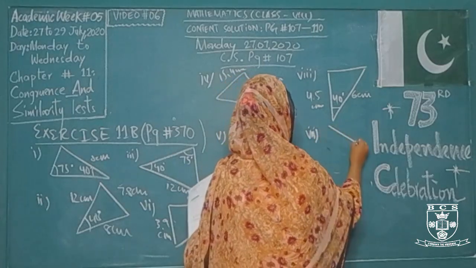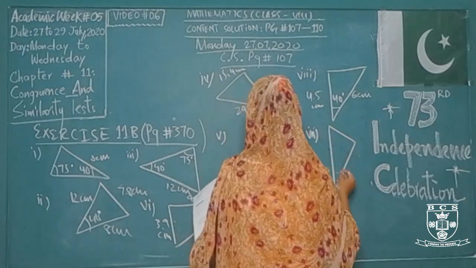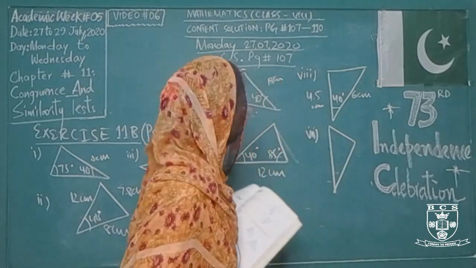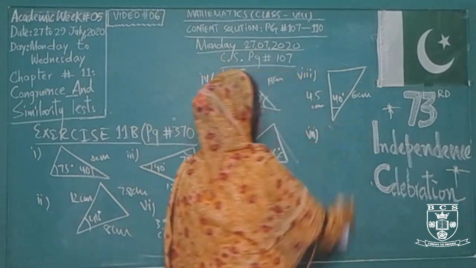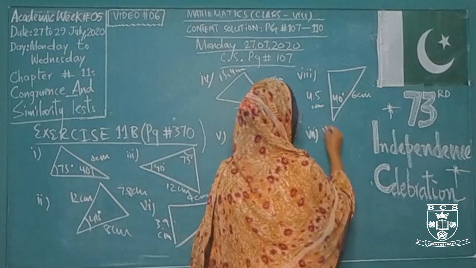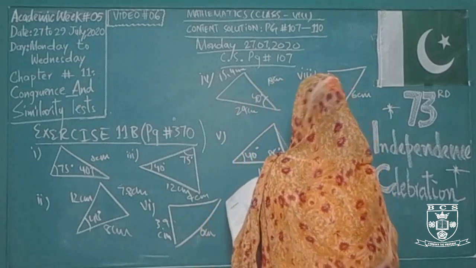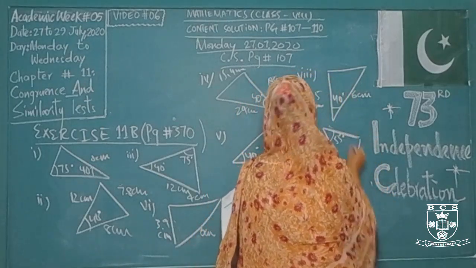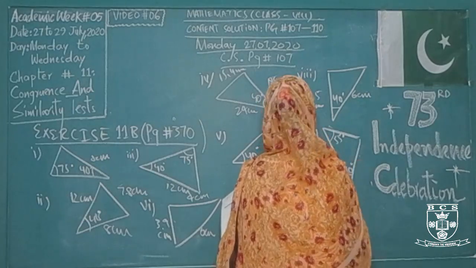The seventh triangle is this one: 55 degrees, 40 degrees and 8 cm.